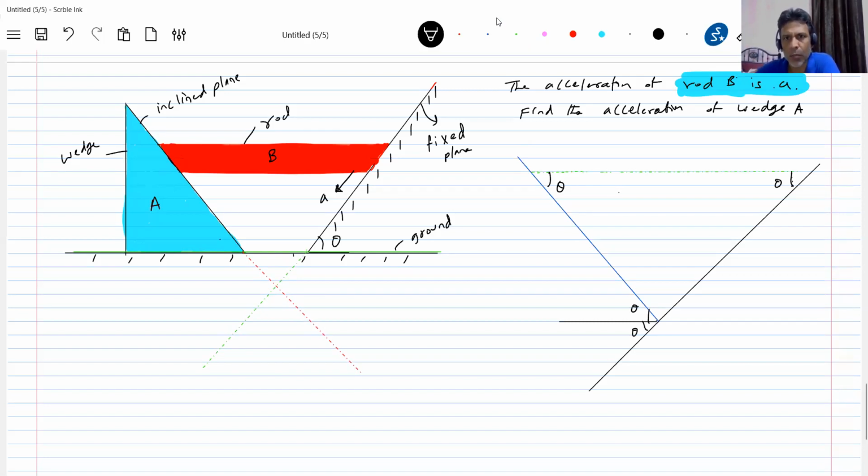One more line is needed, no? Now get into it. So this should be theta. From the geometry, this is theta. So then this should be theta. This should be theta.